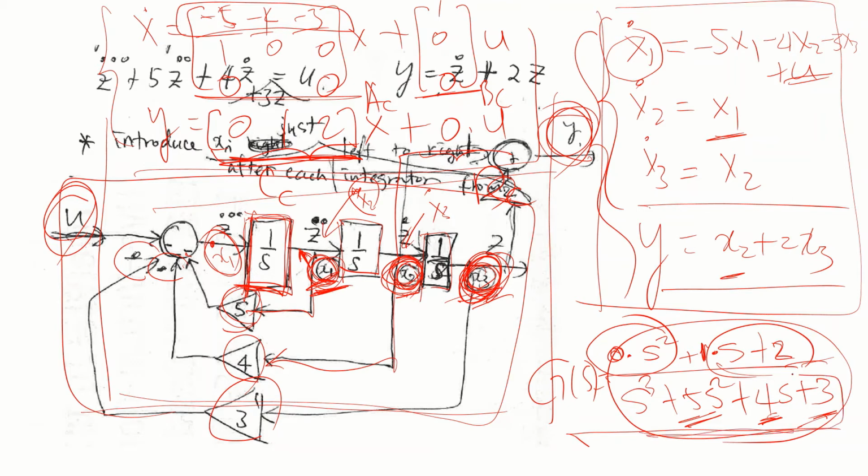You look at the denominator and take all the constants except the highest one, 5, 4, 3, which go in the first row of the A matrix, and then 0, 1, 2, which are the constants of the numerator polynomial, you can simply put in the C matrix. And all the other numbers are just the same as for all cases, like this 1, 0, 0.